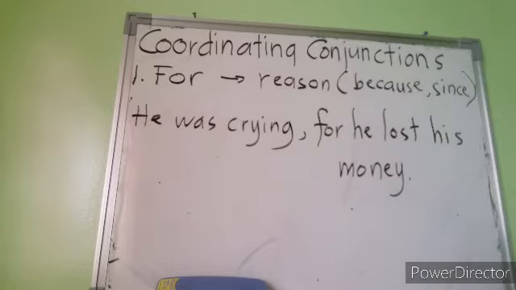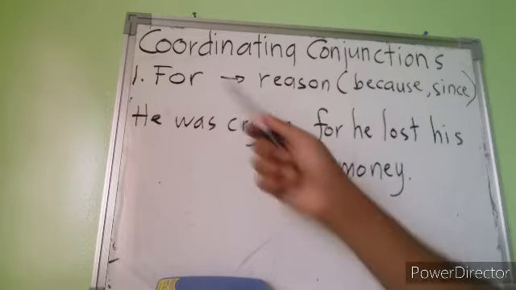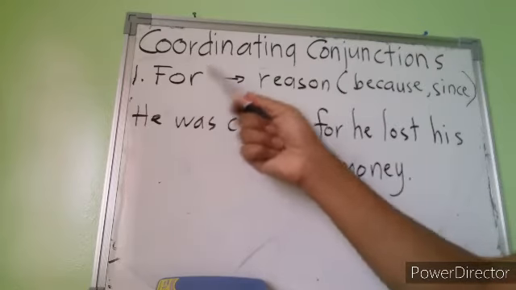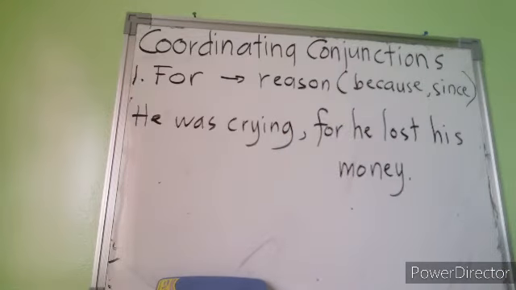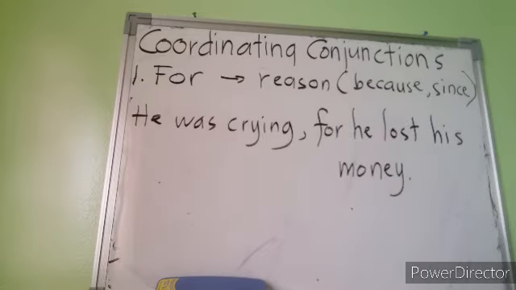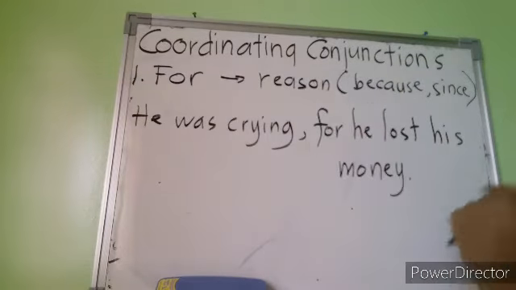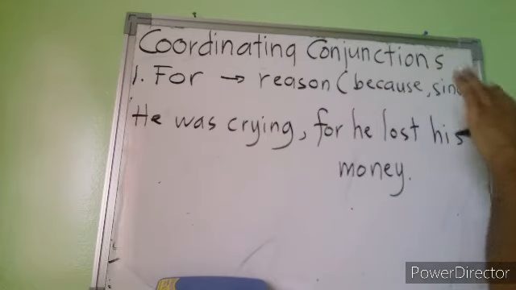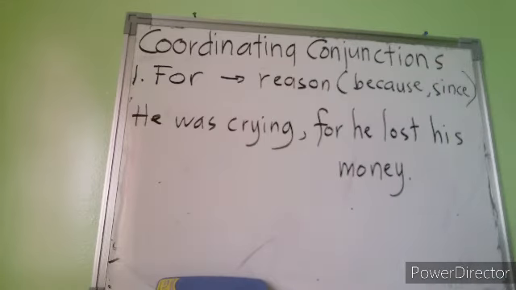So here is an example of a sentence using the conjunction for. Remember, coordinating conjunctions can connect two sentences. We said that for talks about reason, so because or since. Let's take a look at the example: He was crying, for he lost his money.